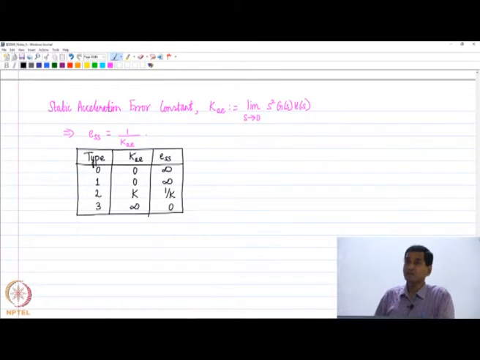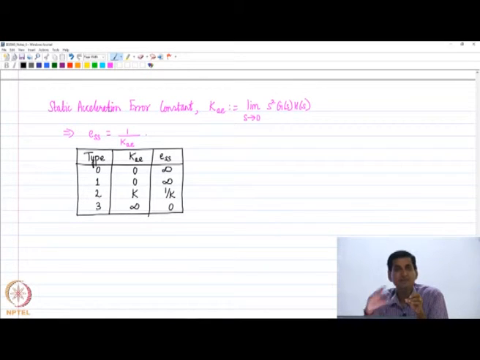But my aim here was twofold. The first thing is that by and large we would be interested in tracking step inputs. So I wanted to show that we need at least one integral term in the open loop transfer function. That was point 1. The 1 by s can come either from the plant or the controller, please remember that. So the statement that an integral controller will remove steady state error is correct, but you don't need an integral controller always to remove non-zero steady state error to a unit step input.